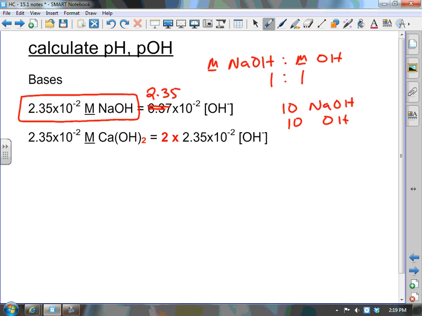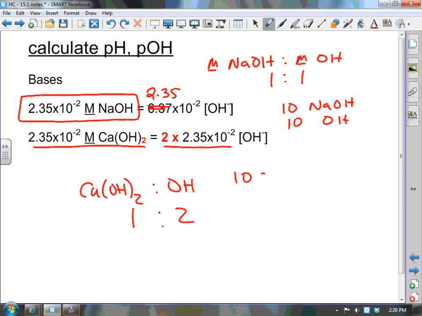Now, where the difference is calcium hydroxide. If this is the molarity of calcium hydroxide, the amount of hydroxide ions, the molarity of that is twice that number. Because again, we have this 2-to-1 ratio. Calcium hydroxide compared to hydroxide ions is in this 1-to-2 ratio.